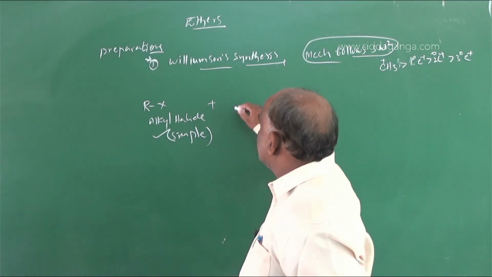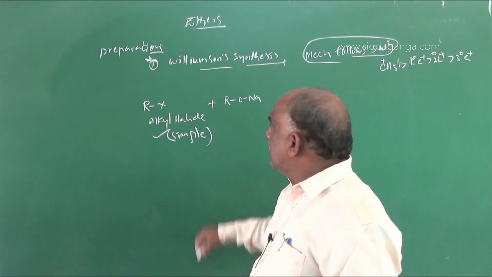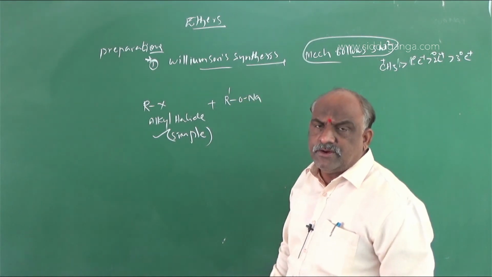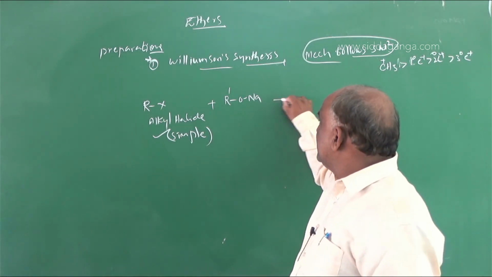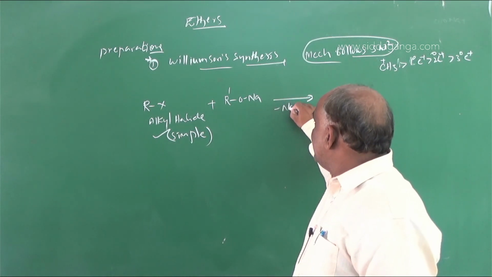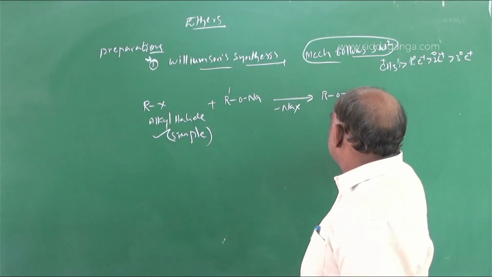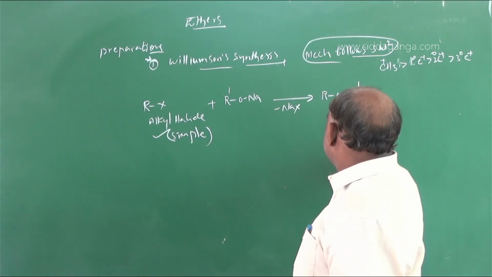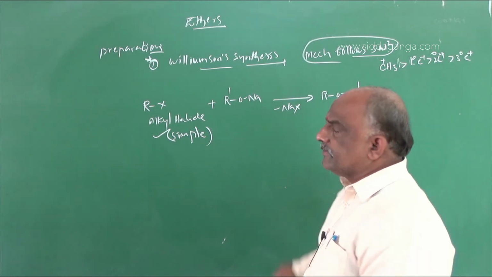What is sodium alkoxide? RONa or R'ONa. If R'ONa, we will get a mixed ether. If RONa, we will get a simple ether. It gives rise to NaX being eliminated, and the answer is ROR', a mixed ether.